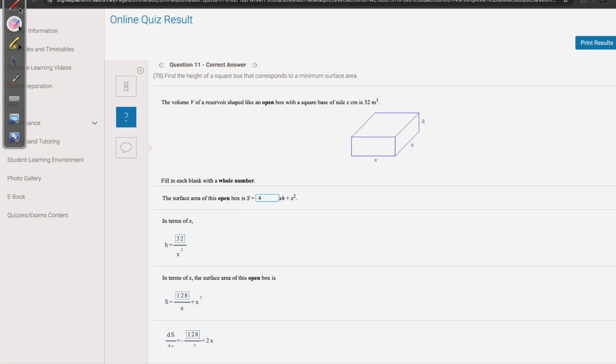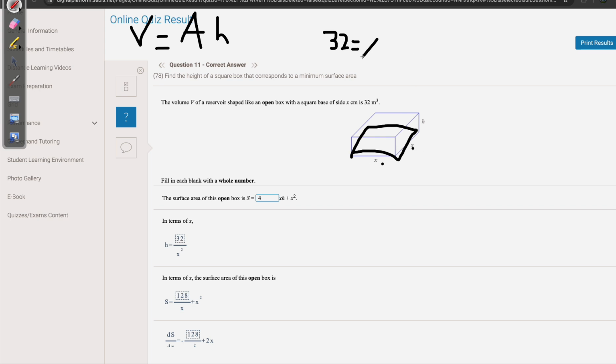Okay. In terms of x, h: volume is equal to area of the base times height. So 32 is equal to the area of the base, x times x, so x squared, times height h. Just isolate h, you'll get 32 over x squared.